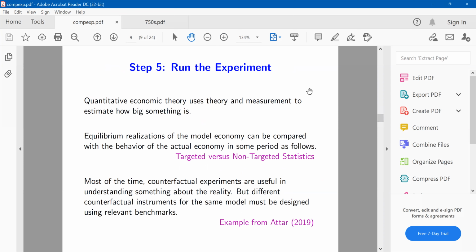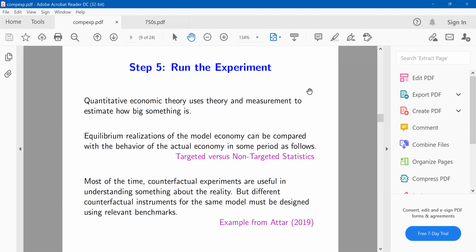The last step, of course, is to run the experiment. So now you have the question, you have the theoretical foundations, you have the model economy, and you have the parameter values. Then you simulate the model for different types of experiments.